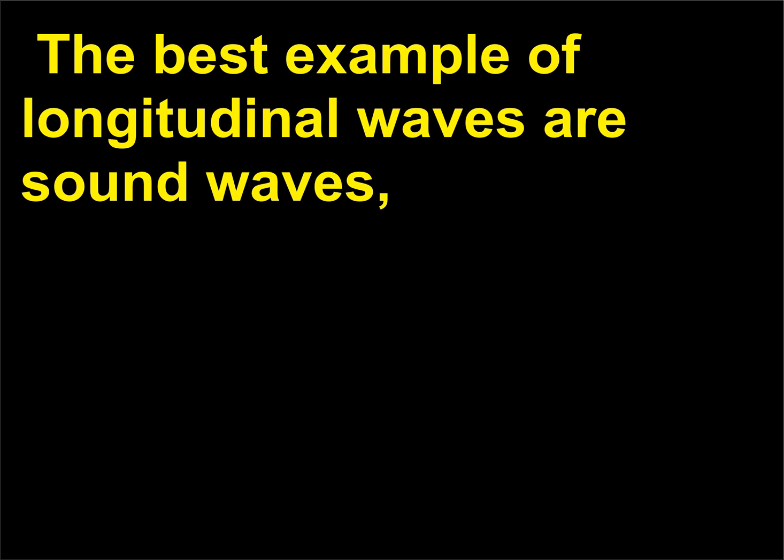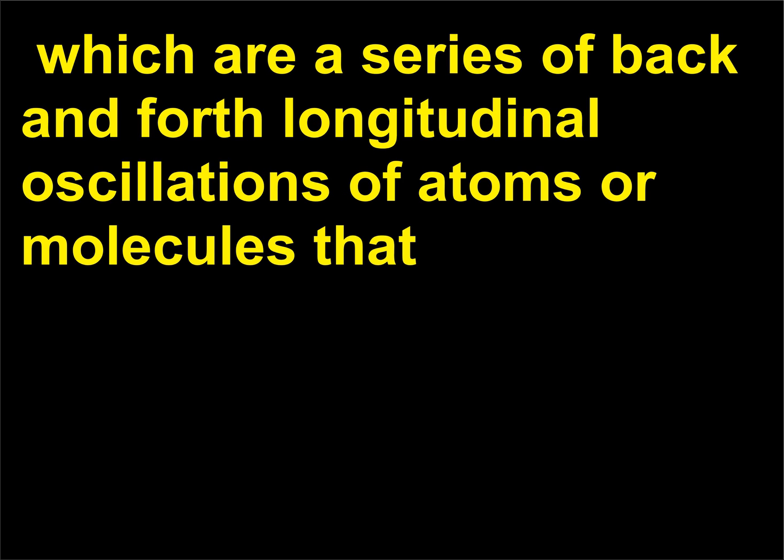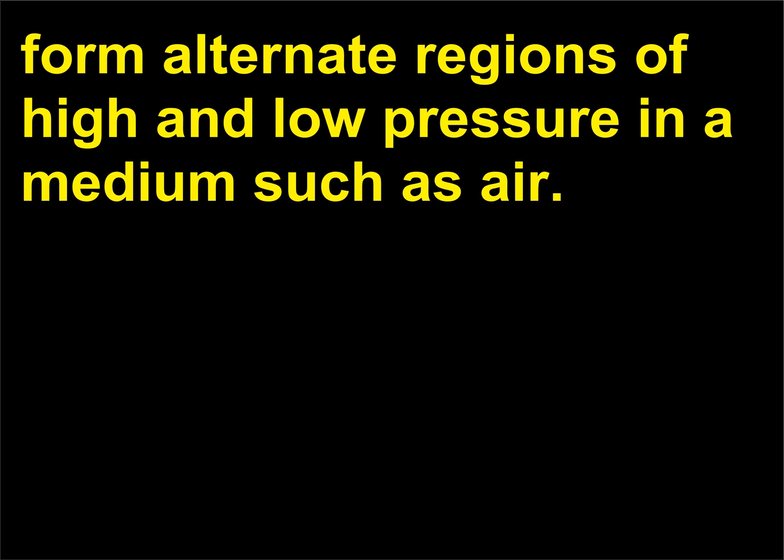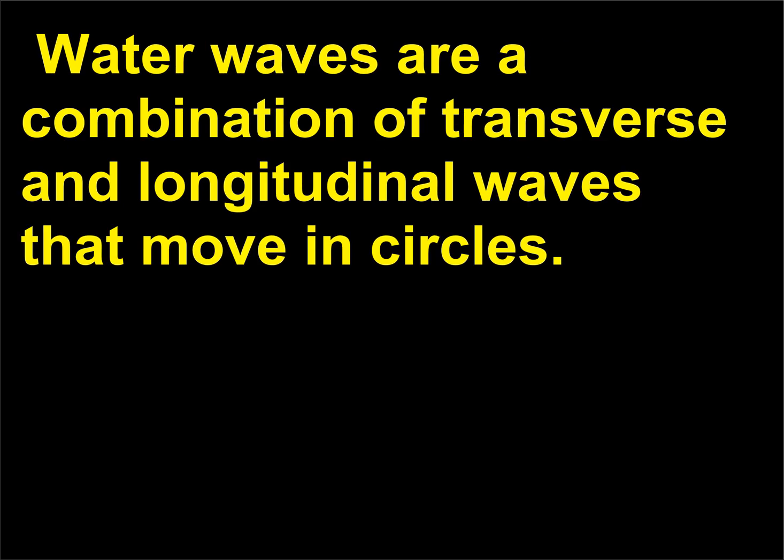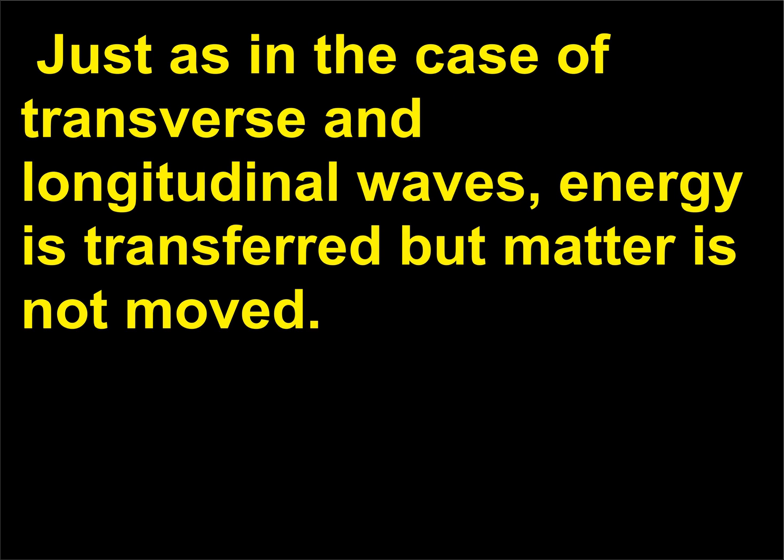The best example of longitudinal waves are sound waves, which are a series of back and forth longitudinal oscillations of atoms or molecules that form alternate regions of high and low pressure in a medium such as air. Water waves are a combination of transverse and longitudinal waves that move in circles. Just as in the case of transverse and longitudinal waves, energy is transferred but matter is not moved.